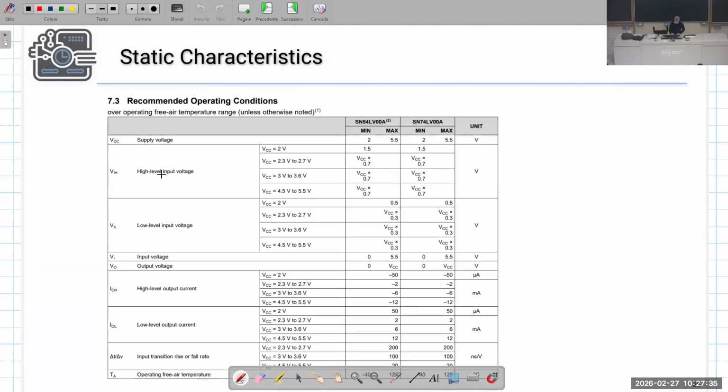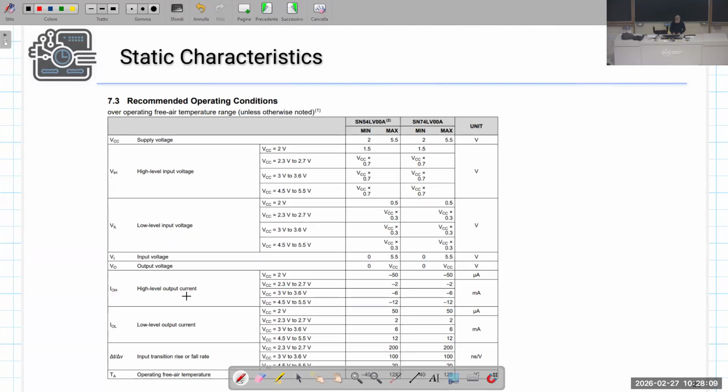For instance, in this data sheet, you can find VIH, high level input voltage, and you can find the minimum value, depending on the supply voltage that is applied to this gate, of the input voltage which is recognized as high, or the maximum value of the input voltage which is recognized as a logic zero, exactly the parameters that we have defined.